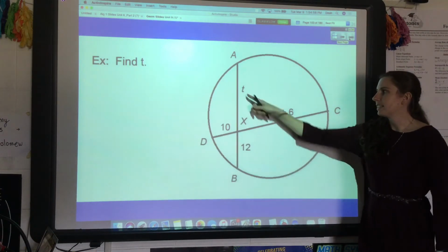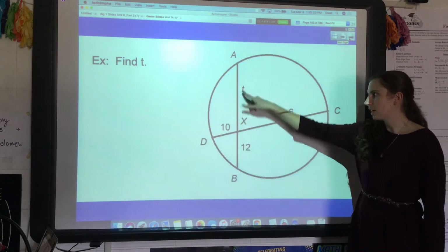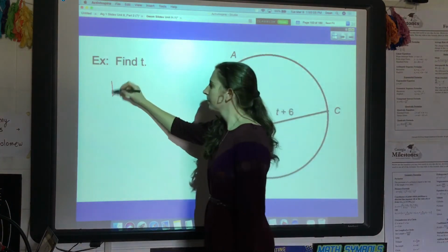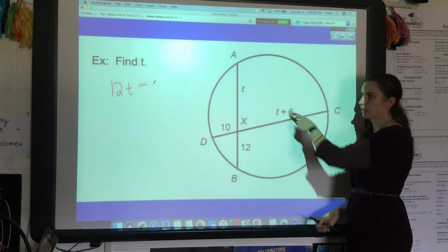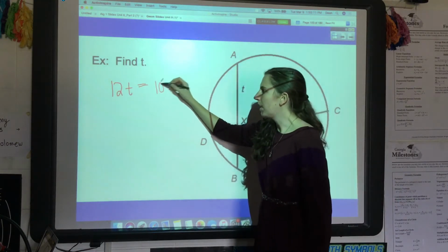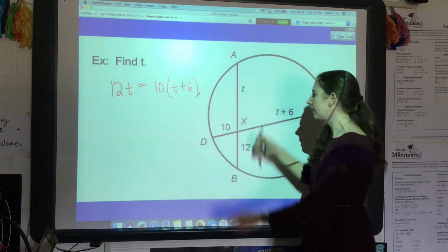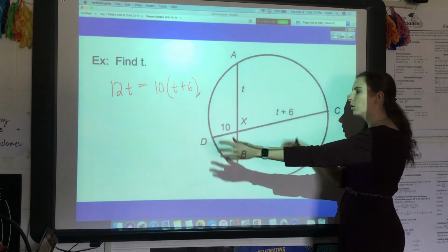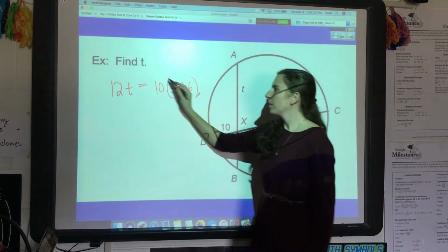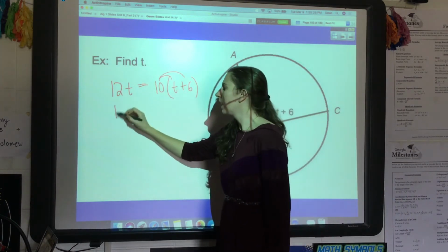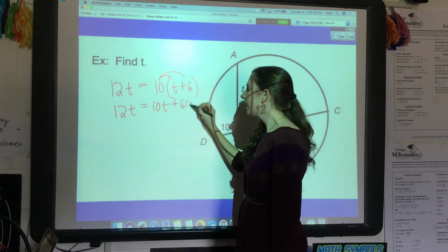Let's say I want to find t here. I know that 12 times t equals 10 times this. I'm going to have to do a little algebra here, but I know that these two pieces multiplied equals these two pieces multiplied. I'm going to go ahead and distribute the 10. So I've got 12t equals 10t plus 60.